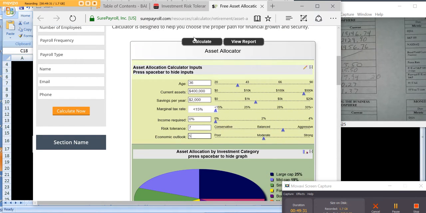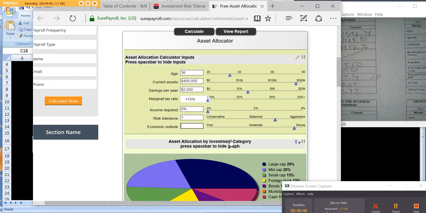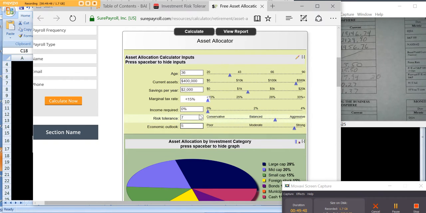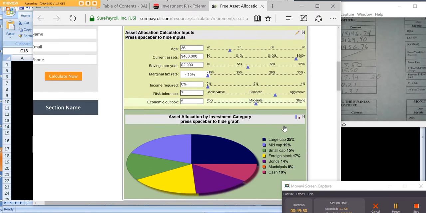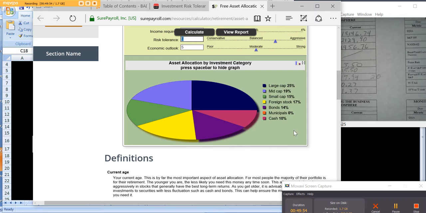Once I have all those entered, I'm going to hit calculate. I probably already did it. I'm going to just check something here. Okay, yep, it should calculate automatically. So what we're looking at right now is you just got your asset allocation.